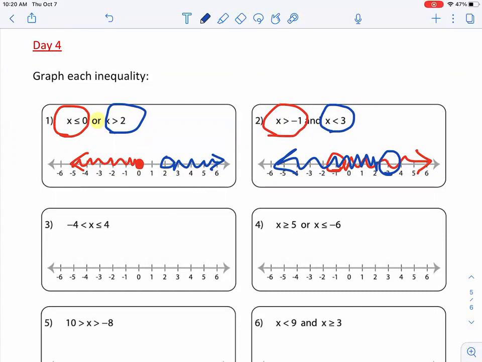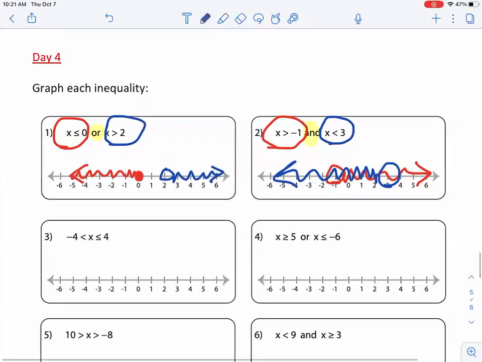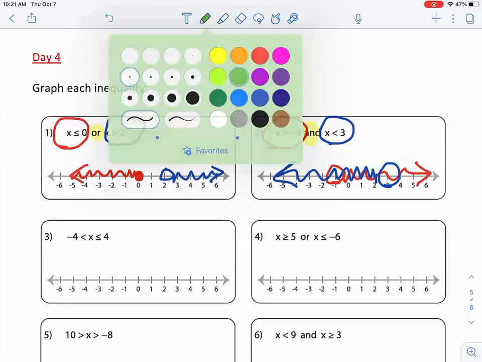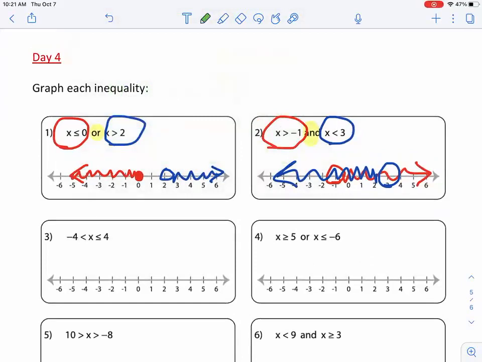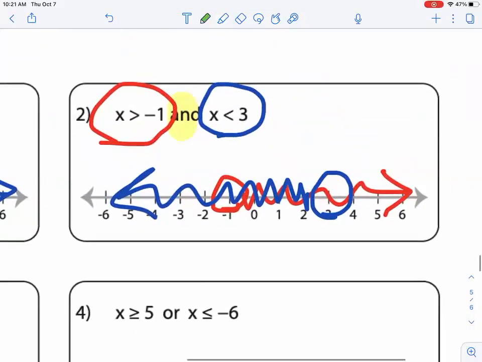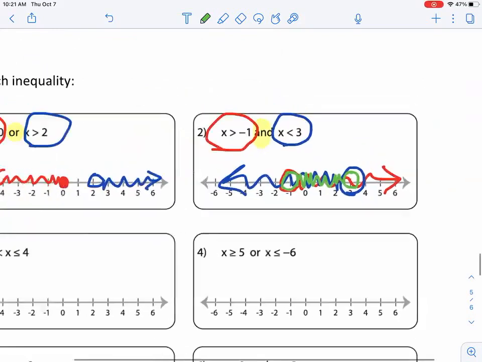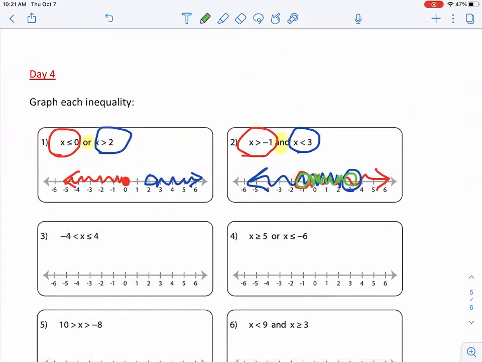Because it is an and statement, my solution is where the 2 graphs overlap. And so our answer, I'm going to write in 3. It's going to be this open circle at -1, this open circle at +3, and all the stuff together, because that is the stuff that is shaded by both the blue and red.